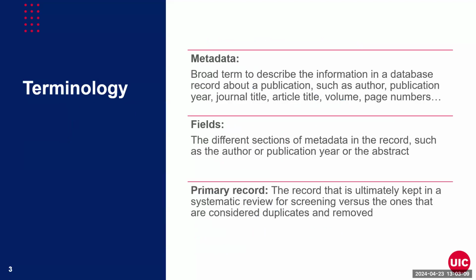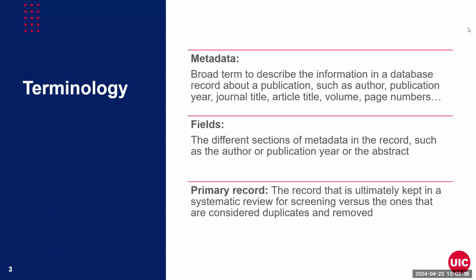Okay. So first, we wanted to go over some basic terminology. Partly I realized that I'm used to usually talking about duplicates with librarians, and we share a lot of common vocabulary that people who aren't thinking about library things all day sometimes aren't as familiar with. So when I'm talking about metadata, I'm using it as a broad term to describe the information in a database record about the publication, such as a journal article.